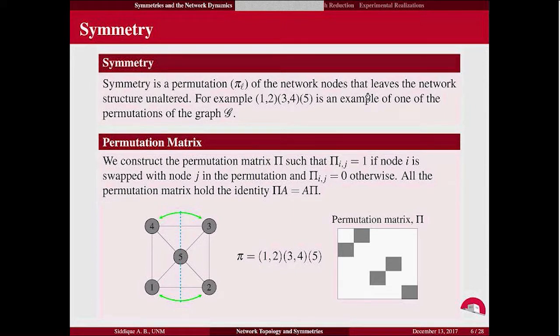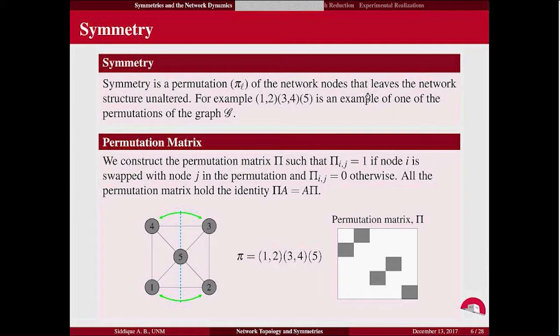Now, what is symmetry? Symmetry is a permutation of nodes that leaves the network structure unchanged. For example, if we swap between nodes 1, 2, 3, and 4, we can see that it doesn't change the network structure.